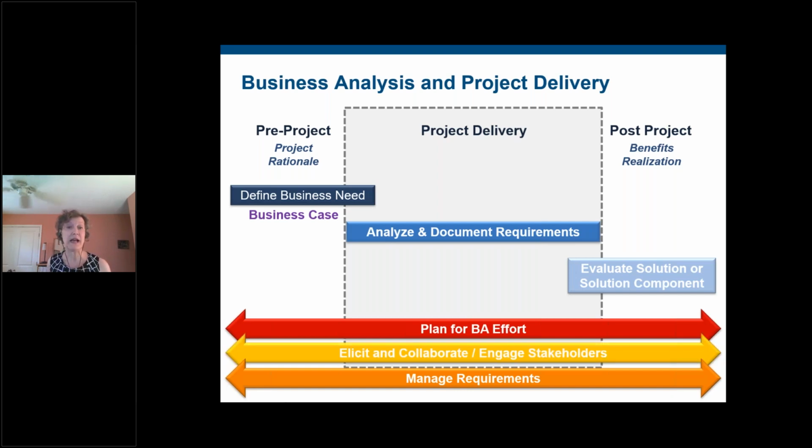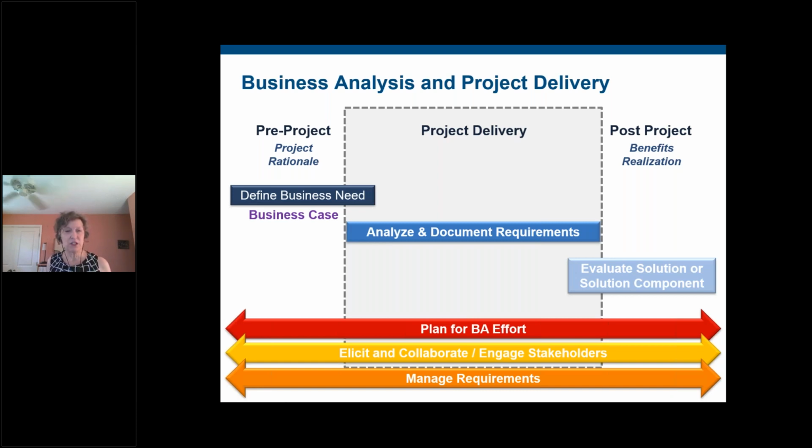They're eliciting and collaborating and engaging stakeholders. So they're eliciting not just requirements, but maybe concerns or fears or constraints, assumptions, risks, all sorts of things, throughout the project, and even beyond on either side of that. And certainly they're managing requirements, the requirements that they're responsible for. PMs have their own requirements that they're responsible for. BAs have theirs as well.